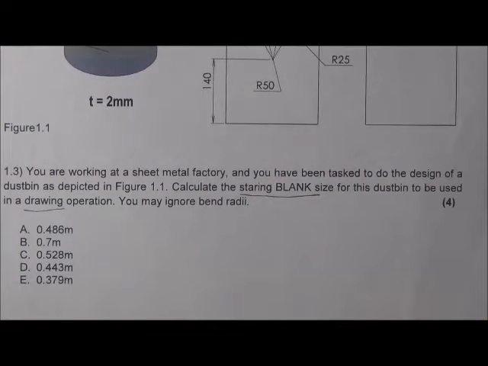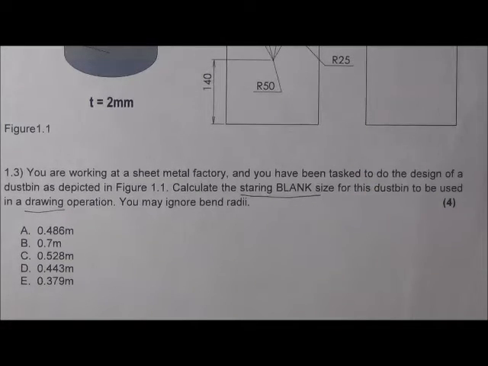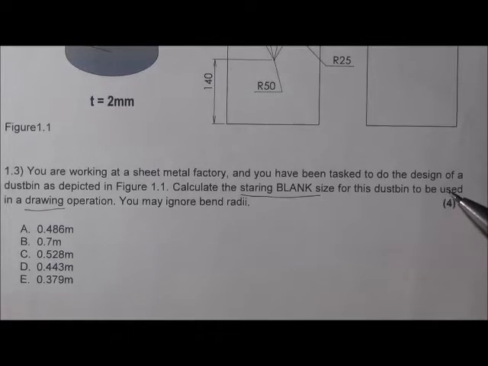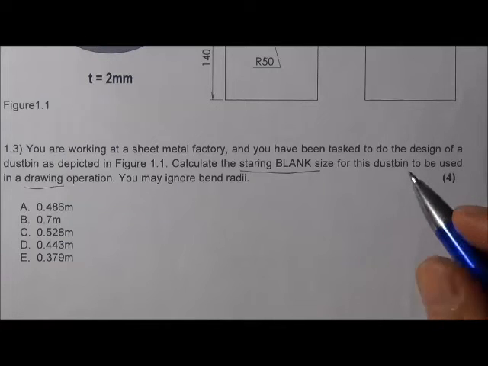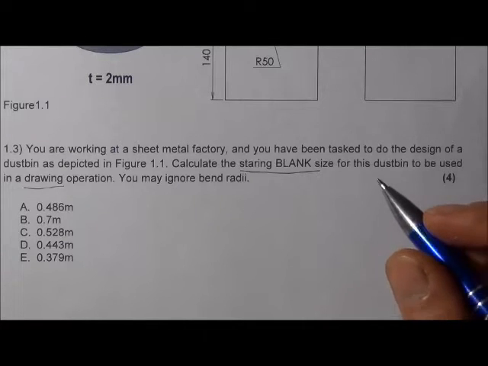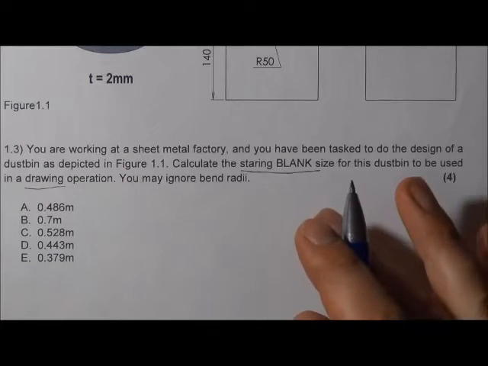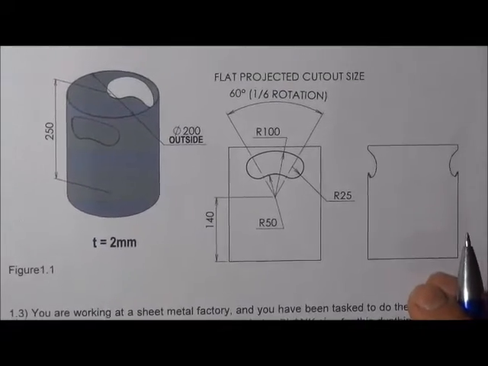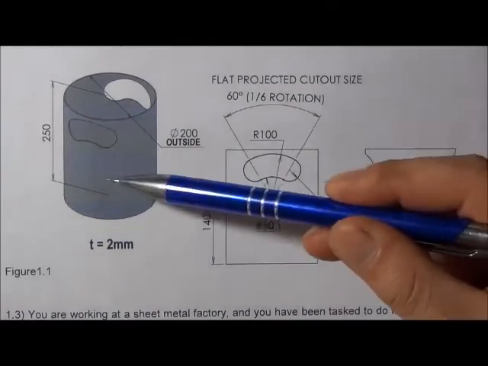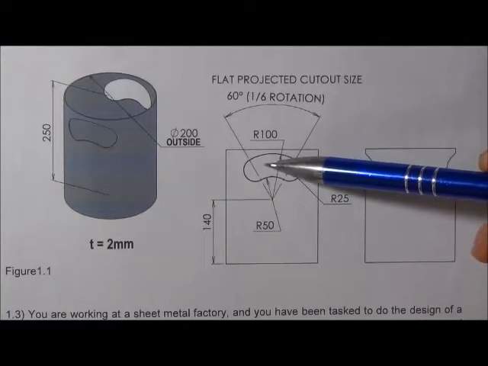Right, so basically in a drawing operation, remember we are reshaping the material, but we're not adding or subtracting material. So basically that means the volume of the final product must equal the volume of the starting blank. Now with this dustbin, we will first do a drawing operation and then we'll cut the holes out of the handle.